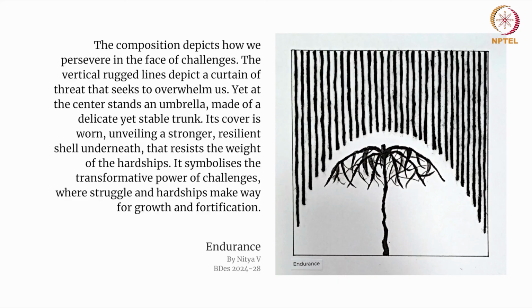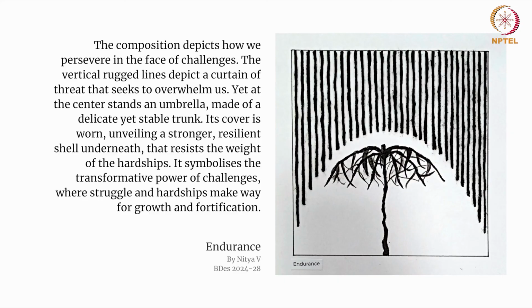The vertical rugged line depicts a curtain of threat that seeks to overwhelm us. Yet at the center stands an umbrella. Can you see that umbrella? Right. It is made up of a delicate yet stable trunk.